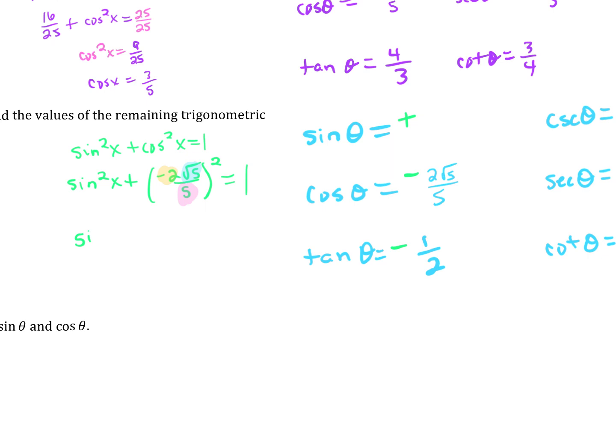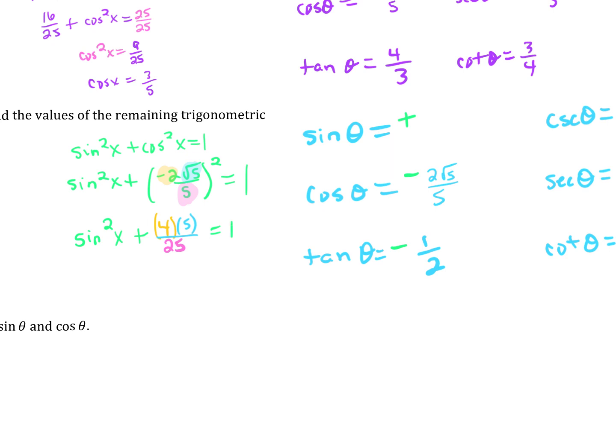Okay, so we get sine squared x plus. That -2 gets squared, so that gives us 4 times the square root of 5 squared gives us a 5 that we're multiplying by, over, then we do have to square the 5 squared, so we get 25.